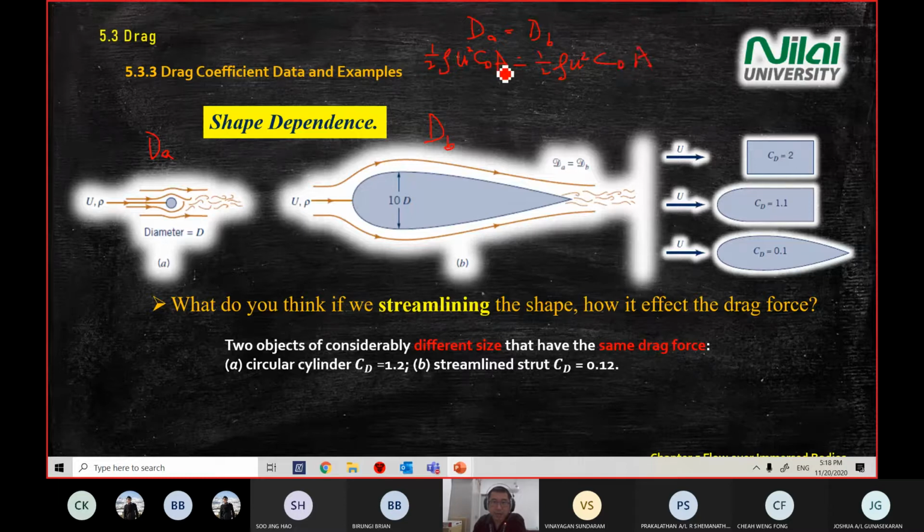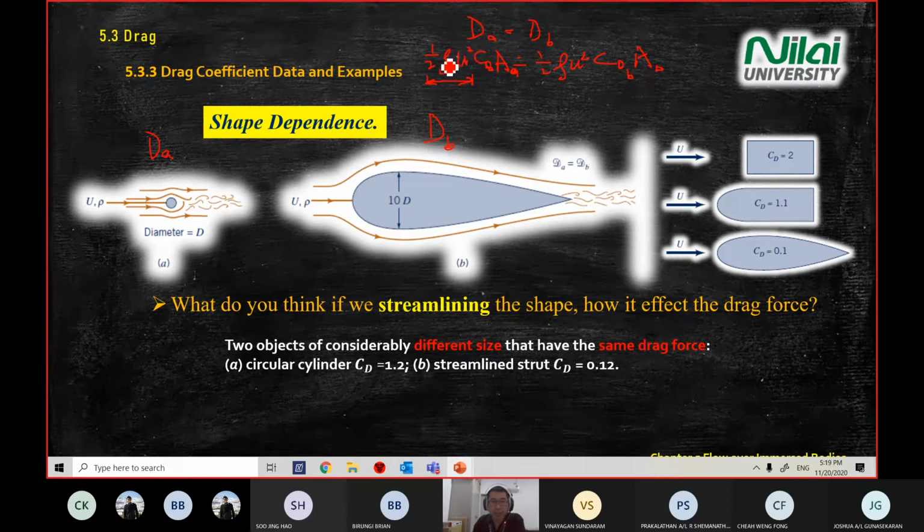For the first case, we have CD A and area A, and then CD B and area B. So if the scenario is set so that the drag between these 2 bodies is the same, the front half rho U square component will be the same for both sides.